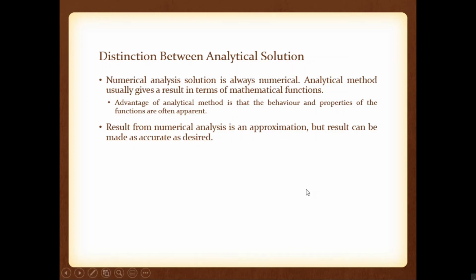So numerical analysis gives an approximated value, which means some small error will be there. So what is our duty? Our duty is to reduce that error. We can't reduce that error to 0. That is not possible. But we have to reduce the error as much as possible by using a better computing device. So if you are using a numerical method, you have to select a better computing device.